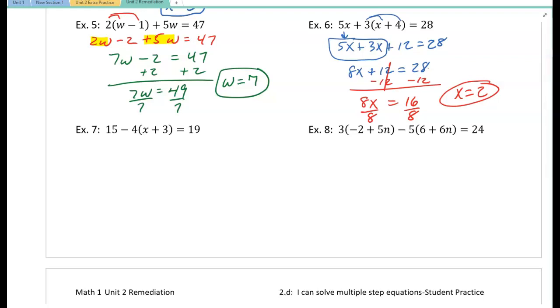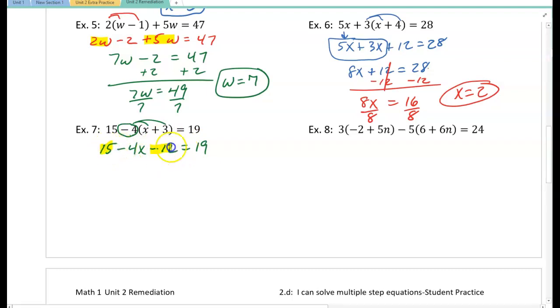Number 7. A lot of people are going to want to do 15 minus 4, but I can't. The first step I have to do in this problem is actually distribute the negative 4. So I bring down the 15, and when I distribute, negative 4 times x is negative 4x. Negative 4 times 3 is negative 12. And that equals 19. So now I look.